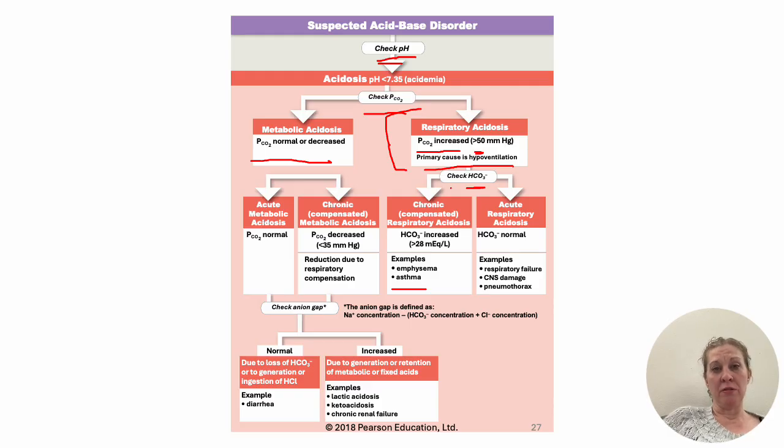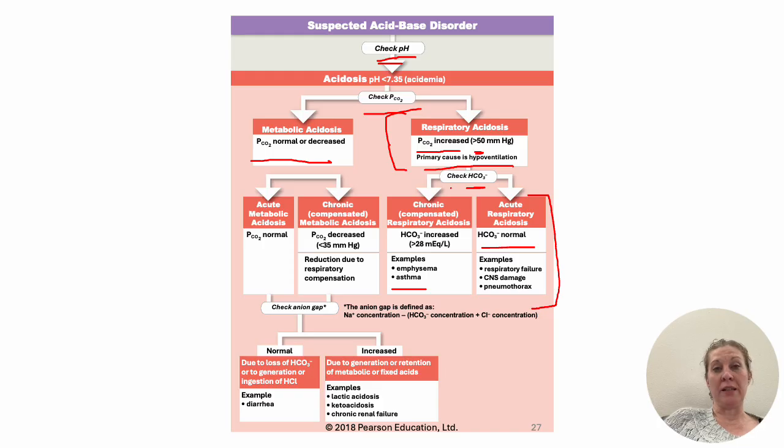If it's acute, the bicarbonate levels may be normal, and you're going to have things like respiratory failure or central nervous system damage or pneumothorax, things that were more traumatic or just recently happened, and it hasn't yet compensated for the acute respiratory acidosis.